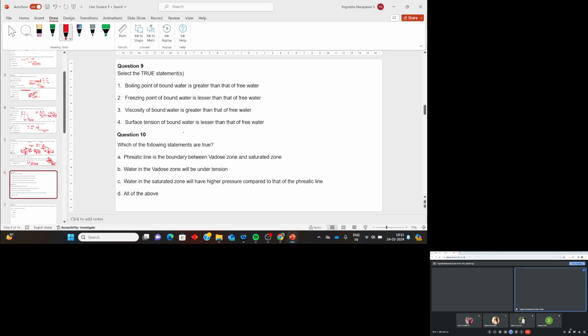Third statement is viscosity of bound water is greater than that of free water. And the final statement is surface tension of bound water is lesser than free water. You have to say which statements are true.